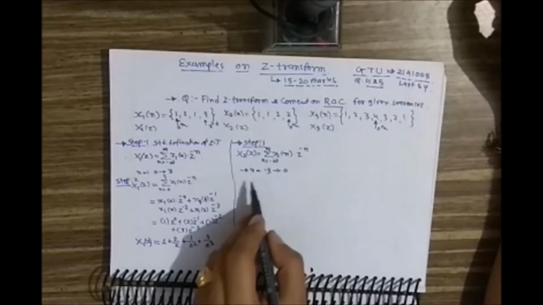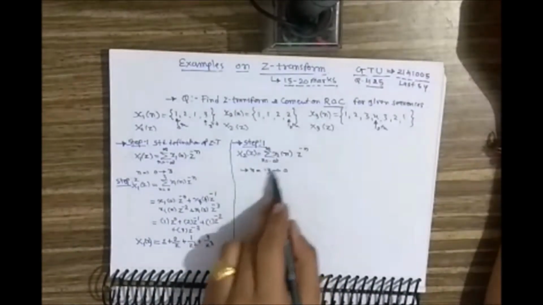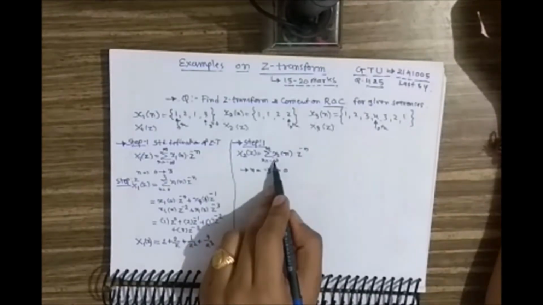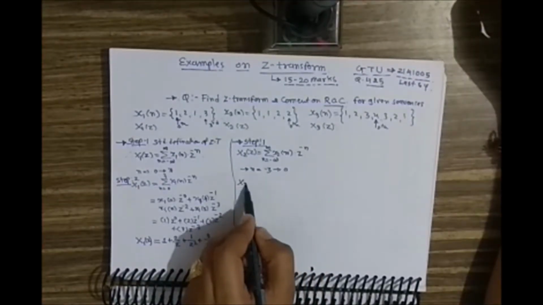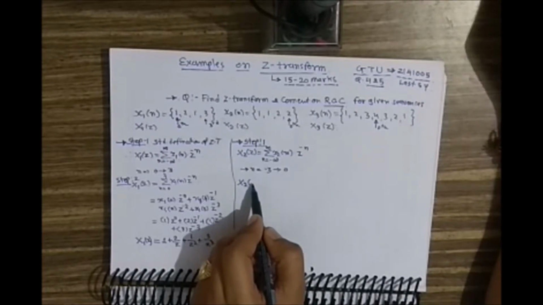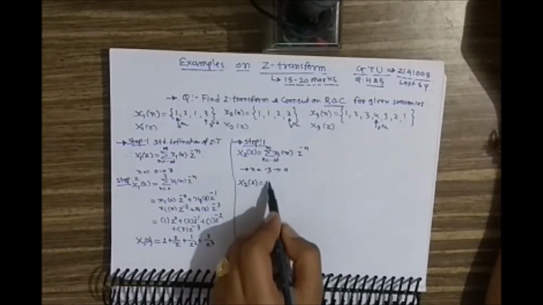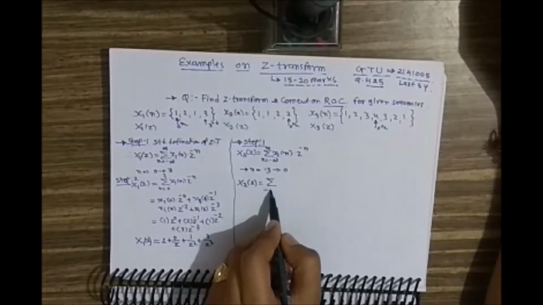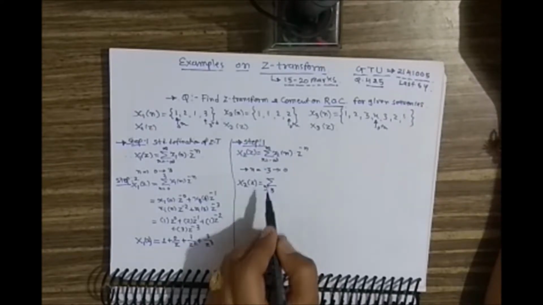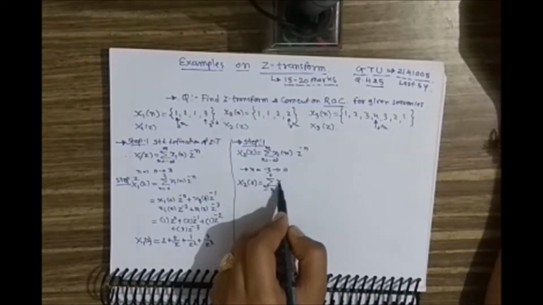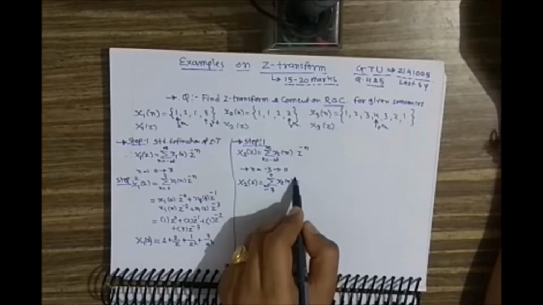So minus 3 to 0 is the limit of summation in x2 of z. So in step 2, x2 of z is equal to summation n equal to minus 3 to 0 of x2 of n into z raised to minus n.